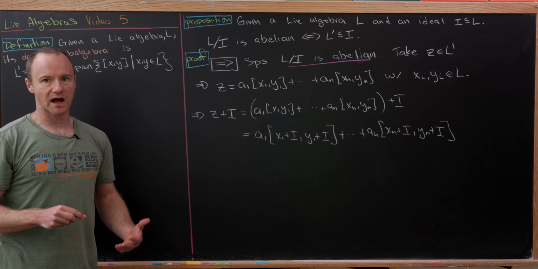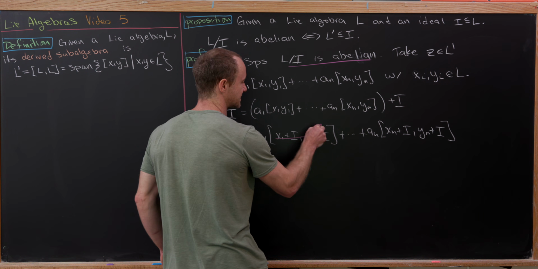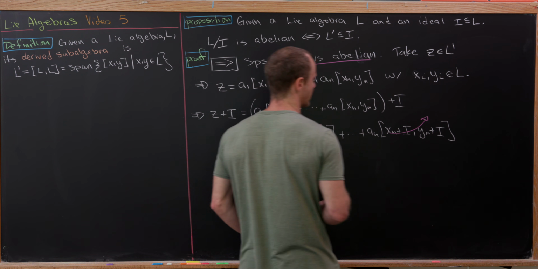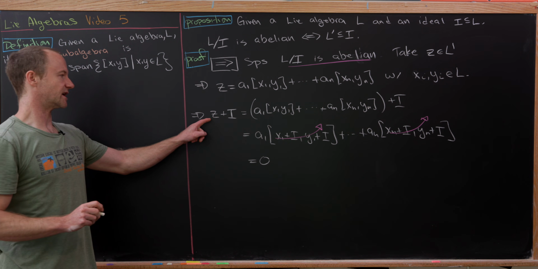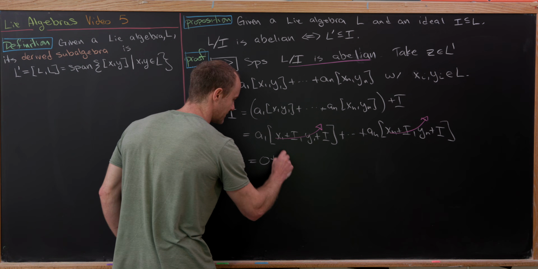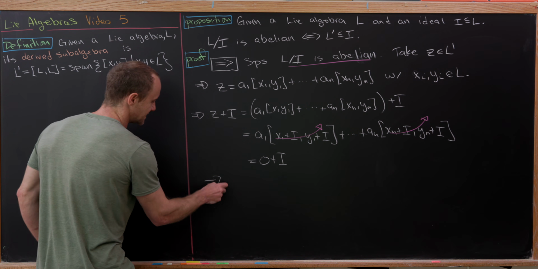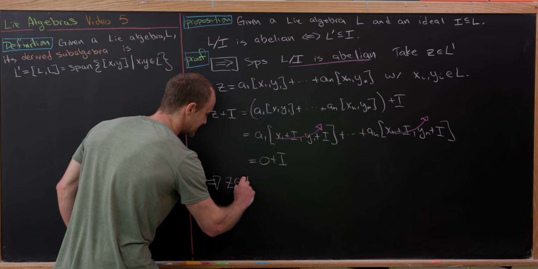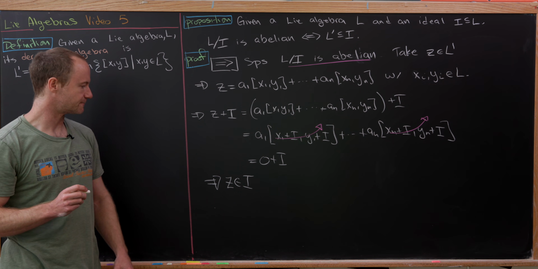L mod I being abelian means that all the brackets are zero. So that tells us that this is zero, and everything in between is zero. So the coset Z plus I is the same thing as the coset 0 plus I. But that's the same thing as saying that Z is inside of the ideal I, just by coset equality.